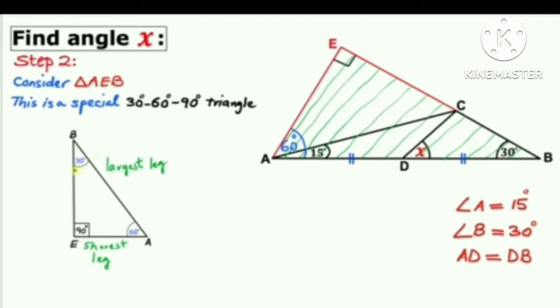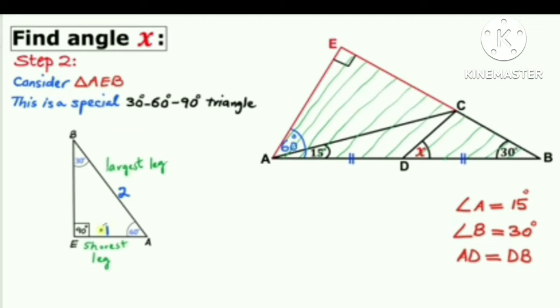As you can see, this 30 degrees is our smallest angle. So the side opposite to this angle is going to be our shortest leg. And this 90 degrees is our biggest angle. So the side opposite to this one is going to be our largest leg. In such a triangle, the largest leg is twice the shortest leg.